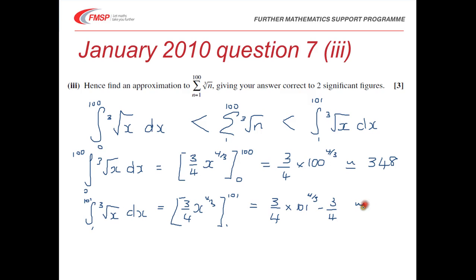And that, if you work it out, is approximately equal to 352. Now we're asked to give our answer to two significant figures, so each of these is going to be 350 to two significant figures. So the approximate value is 350 to two significant figures.